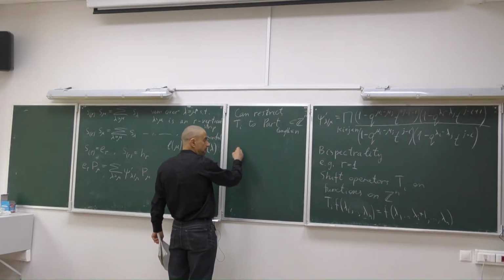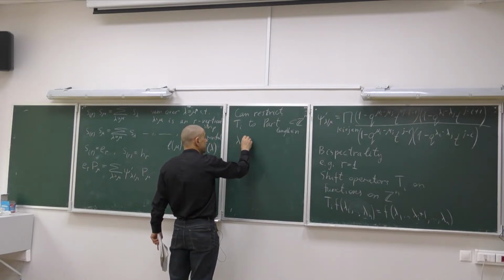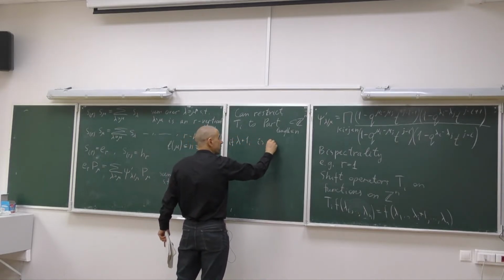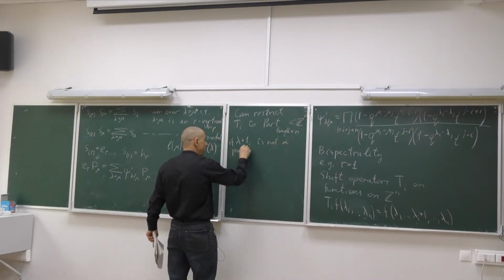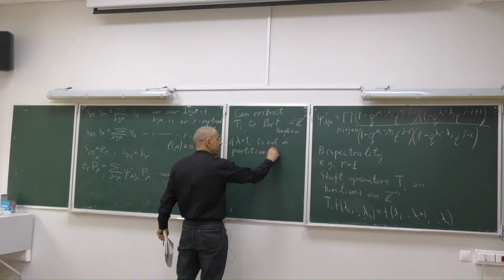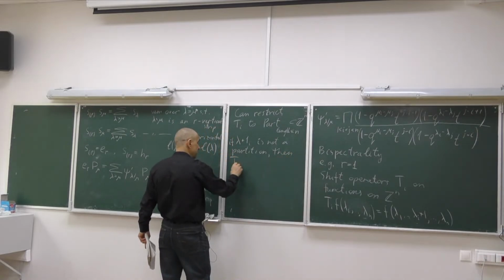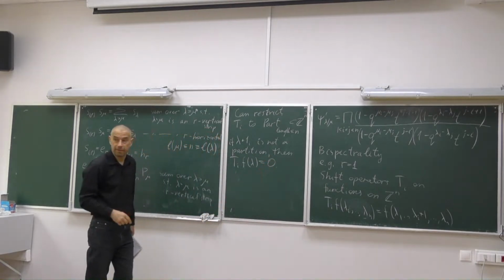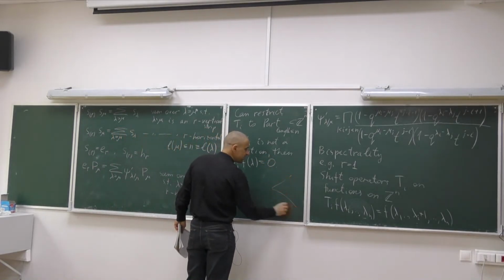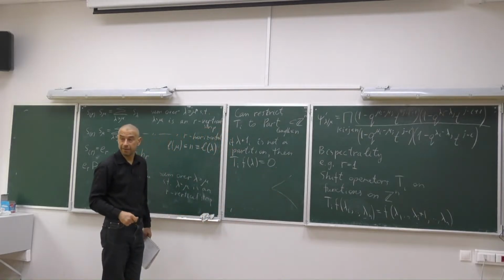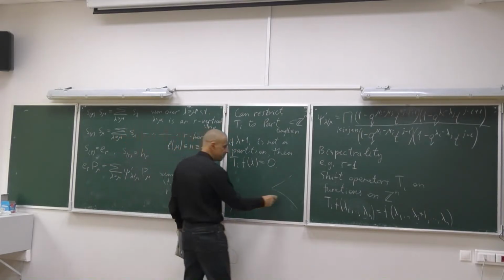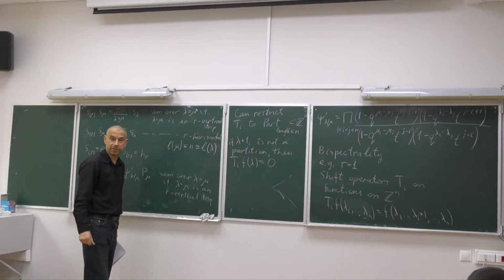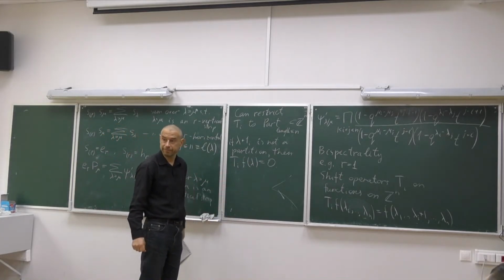Just if lambda plus 1 i is not a partition, then Ti f of lambda is 0. Okay, so we just consider a certain cone inside Zn, and the shift operators sometimes go out of this cone, but never mind. Our functions are supported on this cone. Okay?